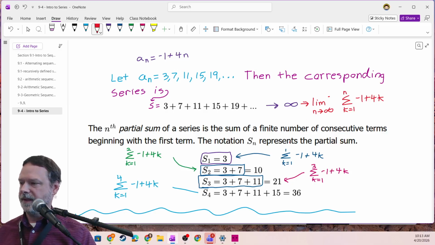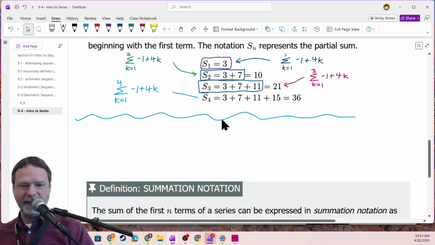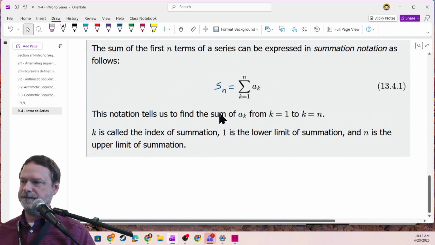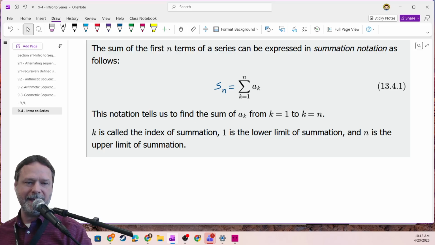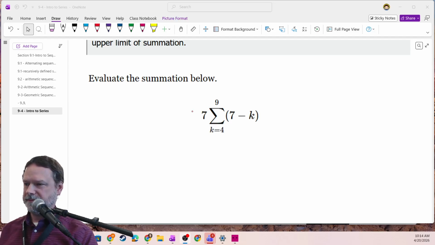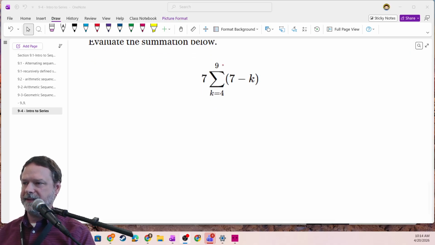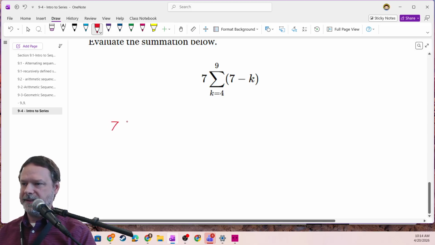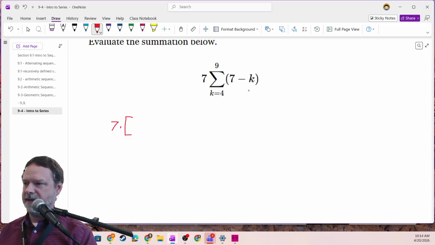Okay, now that we got those out of the way, let's do an example. Hold on one second while I get an example in here. Okay, so evaluate the summation below. How do we do this? This is really saying I'm going to do 7 times the sum of 7 minus k, where k is 4 to 9.